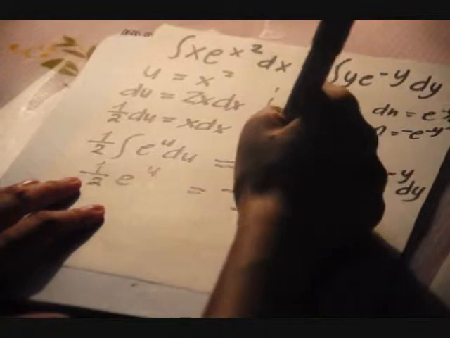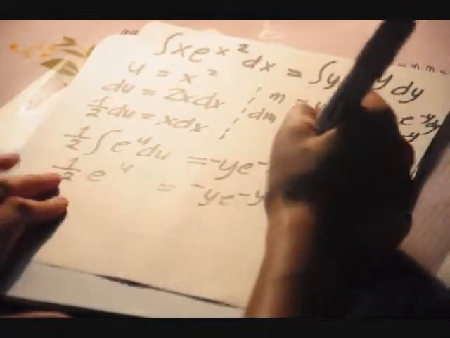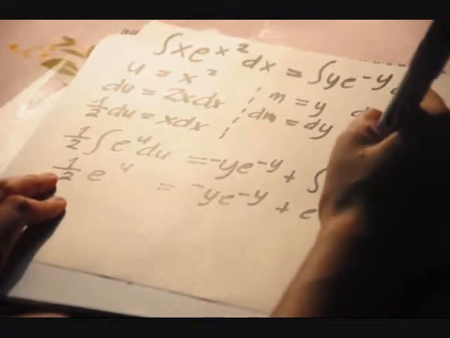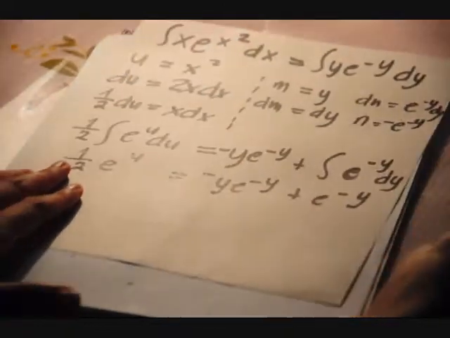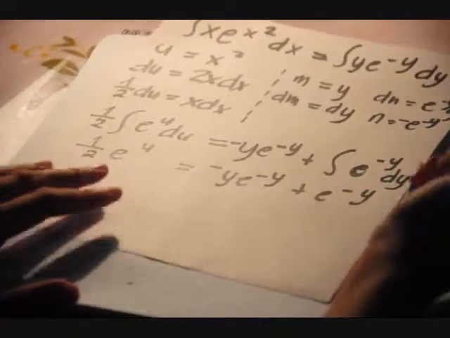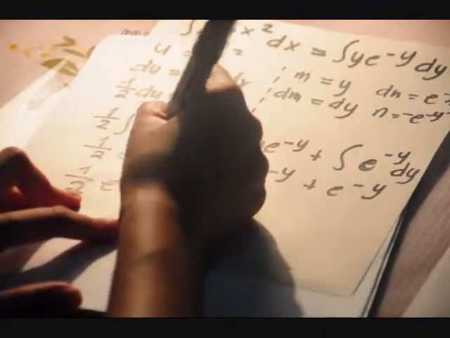So we have now 1 half e^u is equal to negative y e raised to negative y plus e raised to negative y. So we have now 1 half e raised to x squared. Let u is equal to x squared, so I will now substitute.